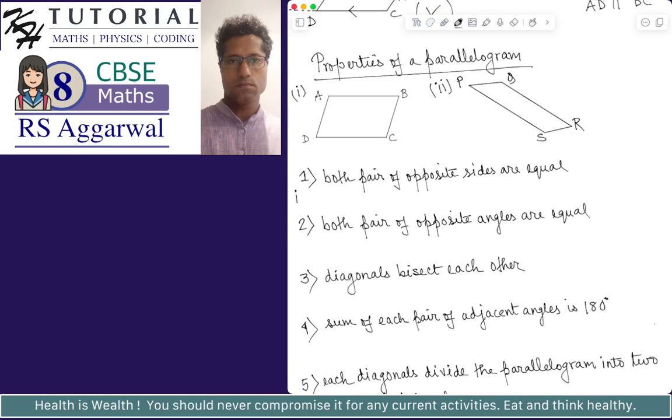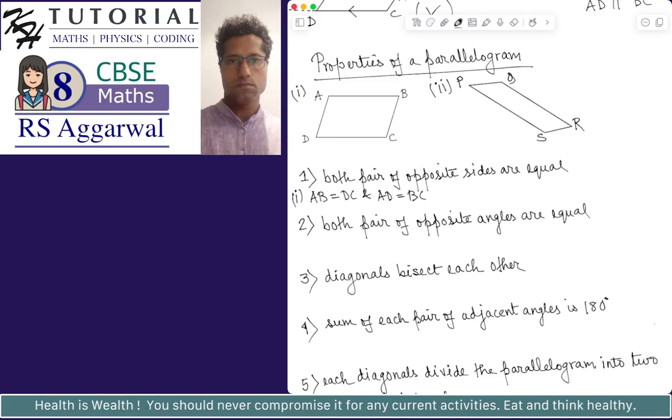So for the first parallelogram, it says that both pairs of opposite sides are equal, which means that AB must be equal to DC and AD must be equal to BC.